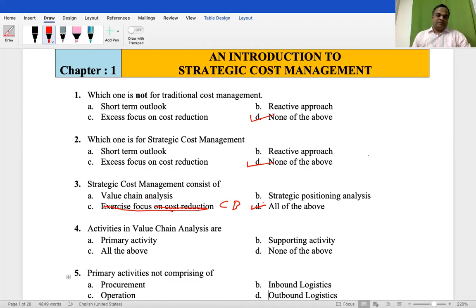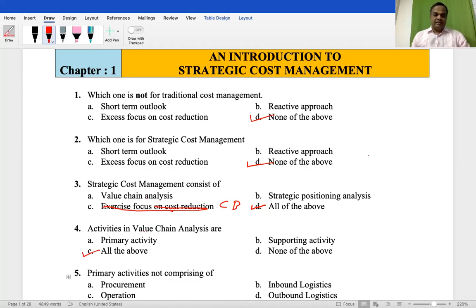Understood? Yes, sir. Then, activities in value chain analysis are primary activity, supporting activity, all of the above, none of the above. All of the above. So in VCA, two types of activities are there: primary and supporting. But in activity-based costing, resource cost drivers and activity cost drivers are there.